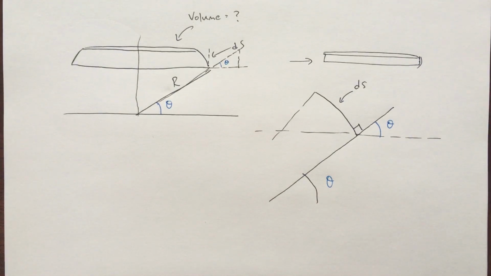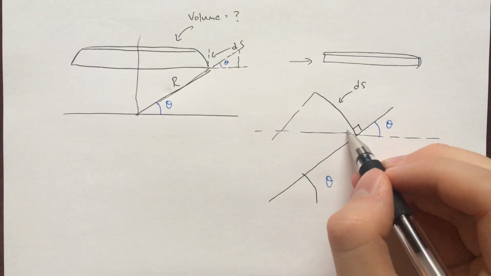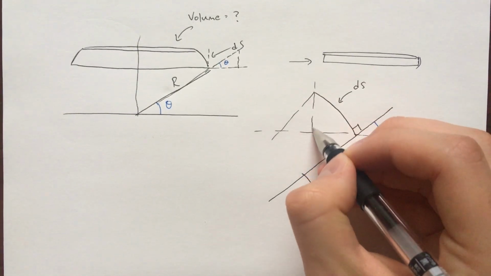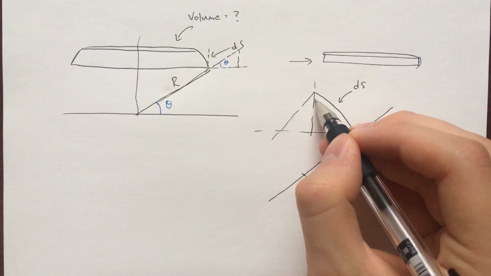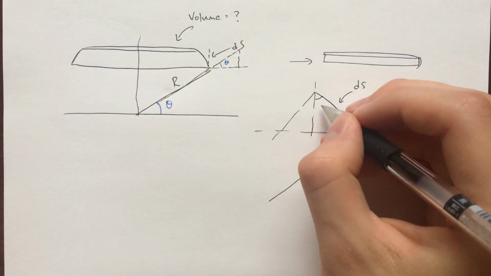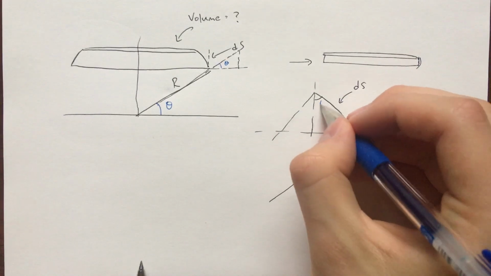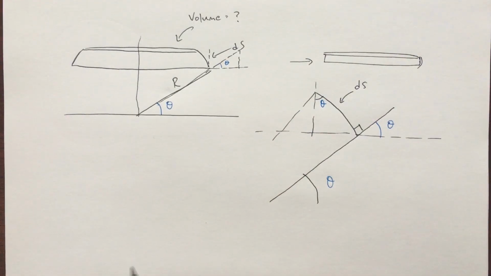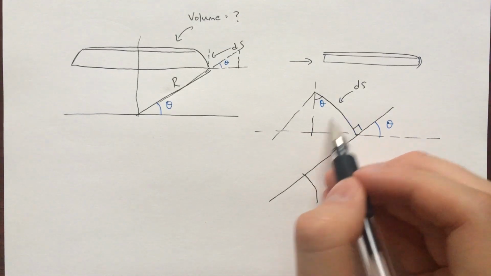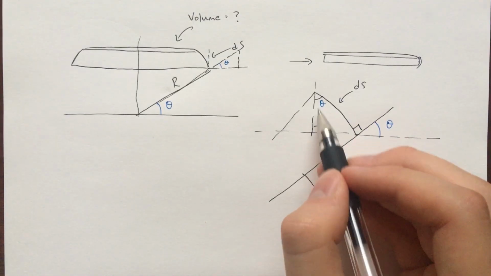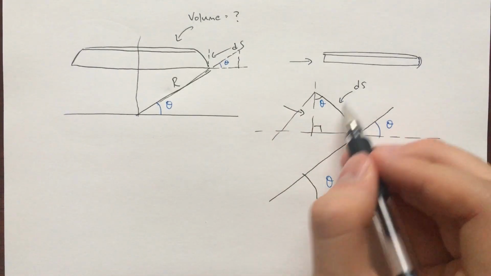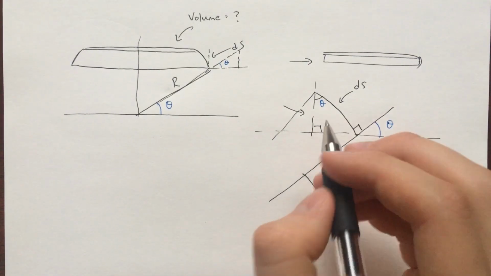So that tells us that this angle right here is 90 minus theta, and if we project this down, this angle right here, assuming this is a straight line, is going to be theta. So that means this height right here, since this is also a right angle, must be ds times cosine theta.